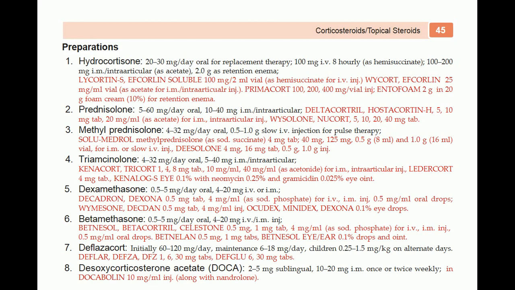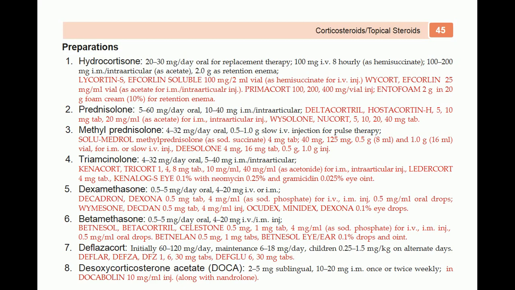Triamcinolone is another corticosteroid drug, available under trade names Tricort and Kenacort as 4 and 8 milligram tablets. Triamcinolone is available at a dose of 4 to 32 milligrams per day orally, and 5 to 40 milligrams IM or intra-articular.